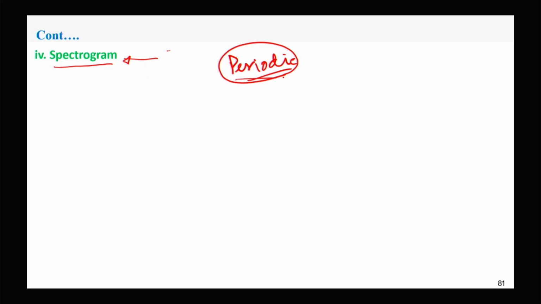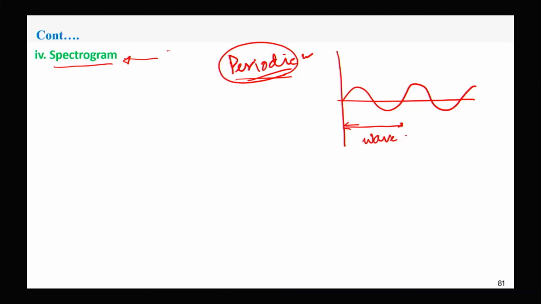And in periodic fault, as we have discussed, this is the periodic fault, and periodic variation, the spectrogram will be able to identify the wavelength of the periodic fault.